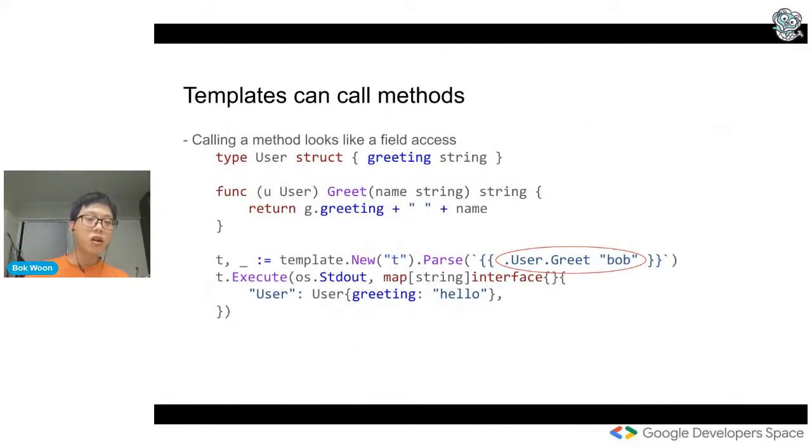Templates can also call methods. So if you have a type User and you have a Greet method on this user, you've got something like user.Greet Bob, then you just pass in the user. You do it like this, it'll basically call the method implicitly, and then you can pass the arguments in. So this will print hello Bob as well, same as just now.